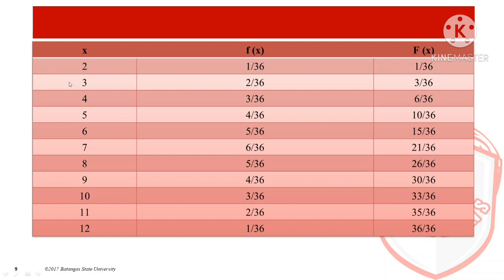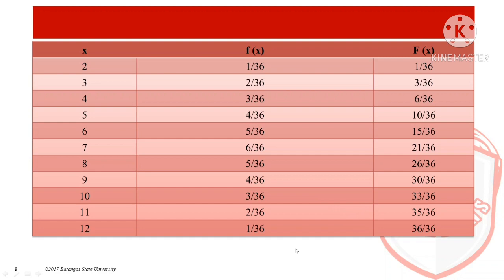Then, dun sa second, yung real value natin na 3, i-add lang natin yung 2, kaya 3 over 36. Then, add din yung 3, 6 over 36. Hanggang dito, 36 over 36 or equal sa 1. Sabi nga, ang sum ng function of x ay equal sa 1 or 100%.